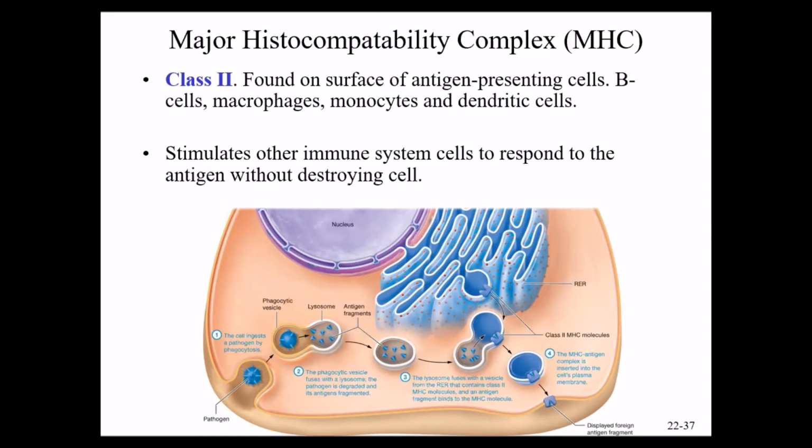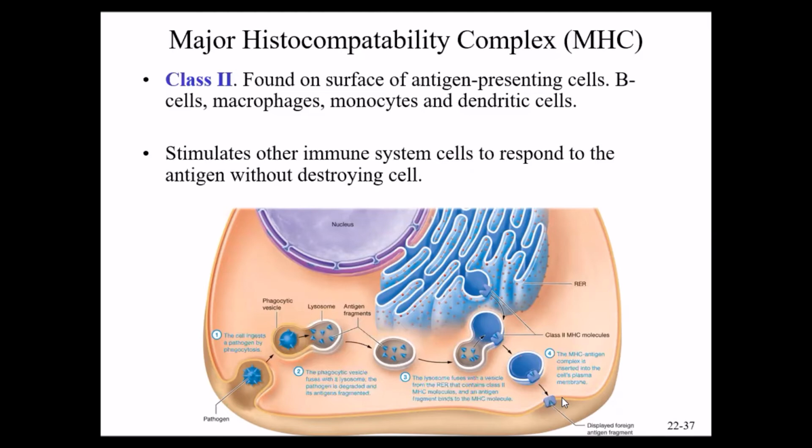Now, this particular scenario starts the same way as class I. You've got some kind of pathogen, and either the pathogen or a part of the pathogen gets taken in by the cell. It puts it inside of a lysosome and starts to break it up, and then it packages it and puts a portion of that antigen on the surface as a signal.